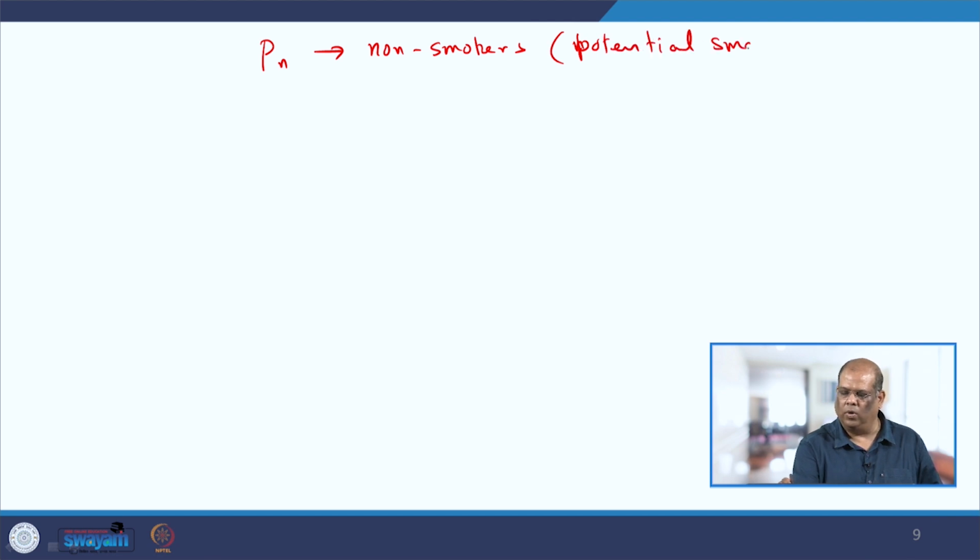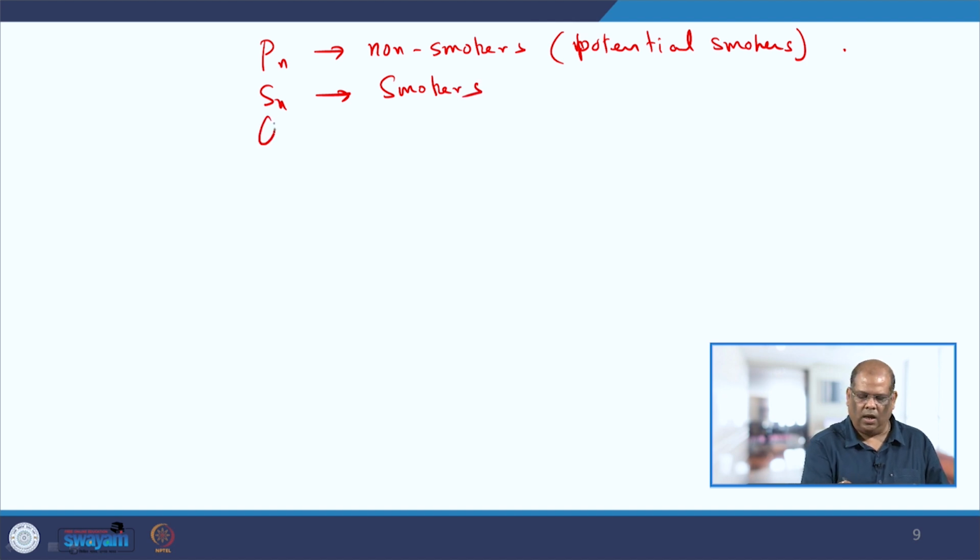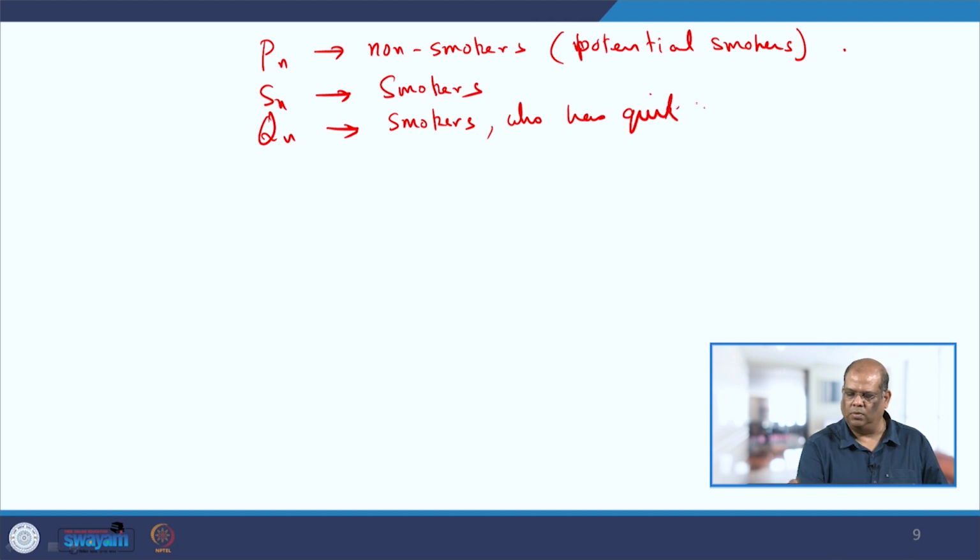Suppose we have Pn, we tell them as non-smokers, but they are potential smokers, and Sn to be the smokers and Qn to be the smokers who have quit smoking.